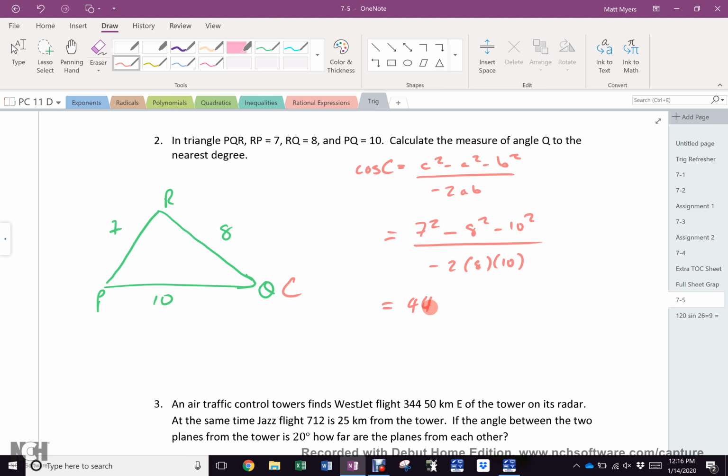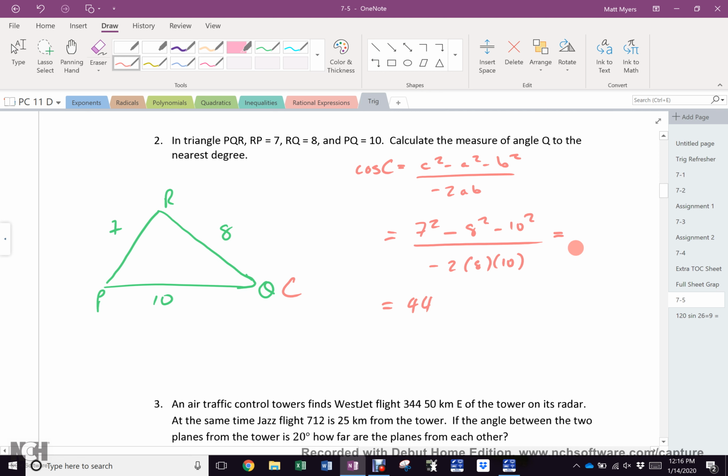If you have trouble getting it in one shot, just do it piece by piece. Just do the top: 49 minus 64 minus 100, get a number, over negative 160. Then do your shift cos. There's no benefit grade-wise or knowledge-wise to being able to punch it all in at once.